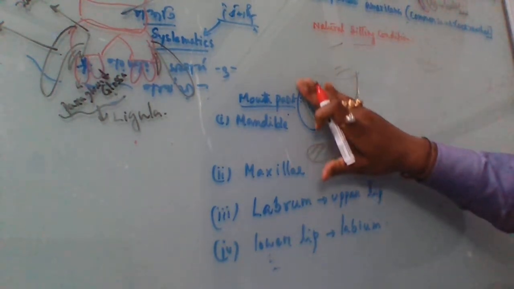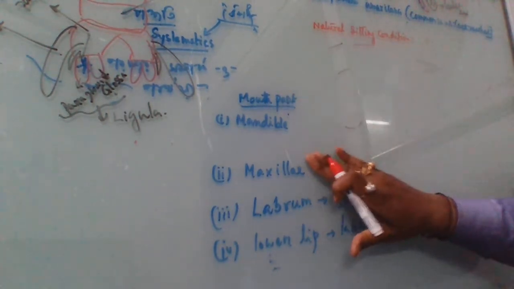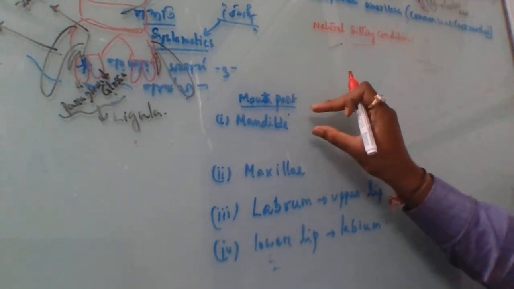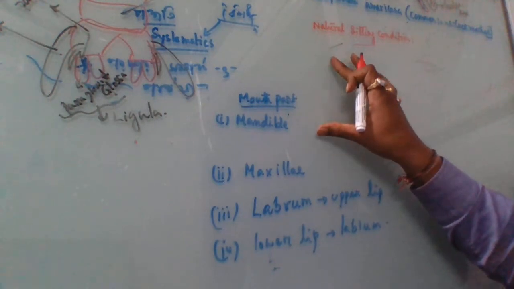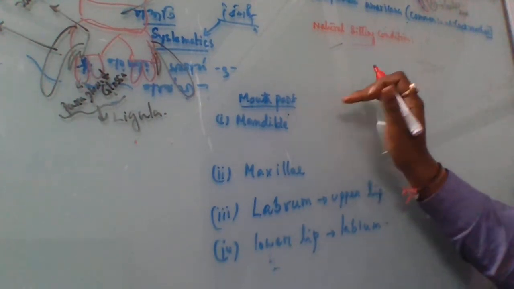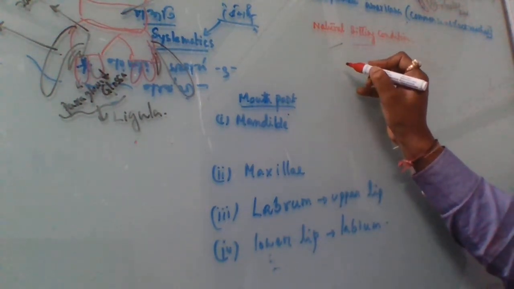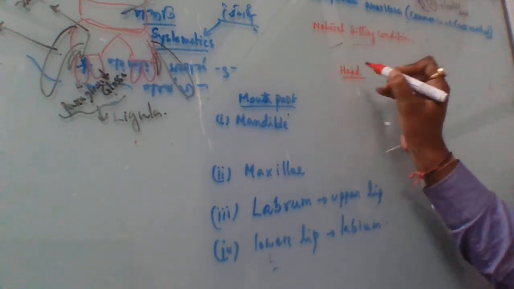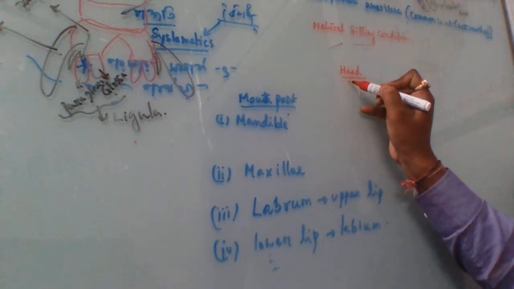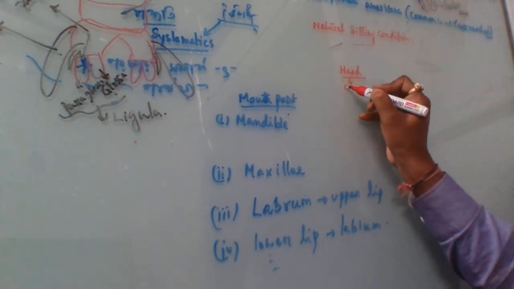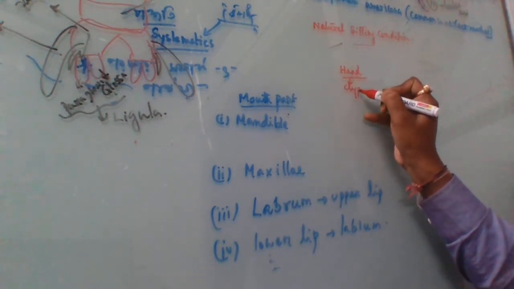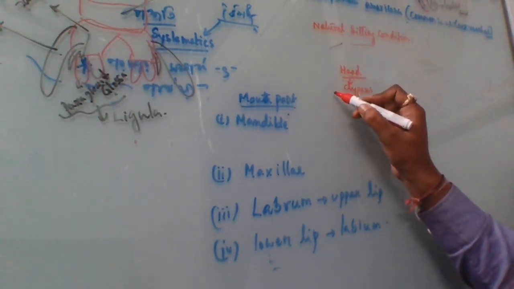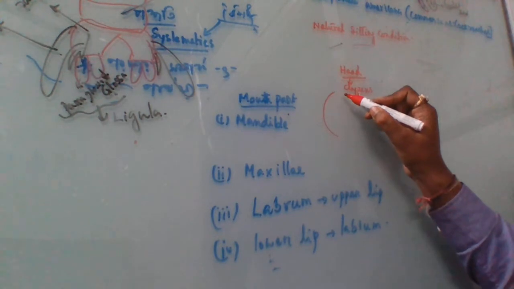Today we are discussing first the cockroach mouth part, that is the mandible. The mandible is from the head. The head region of that insect has a particular region that is called the clypeus of the head, which is attached from the upside to down.